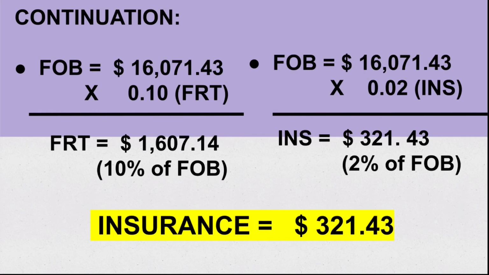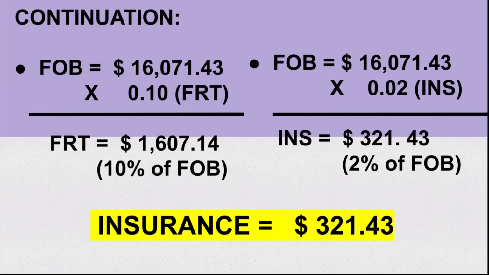And since we have the FOB, we multiply it by the freight of 10% of the FOB. So, FOB $16,071.43, multiplied by 0.10 for the freight, then we have $1,607.14. And on the other side, we have the FOB of $16,071.43.